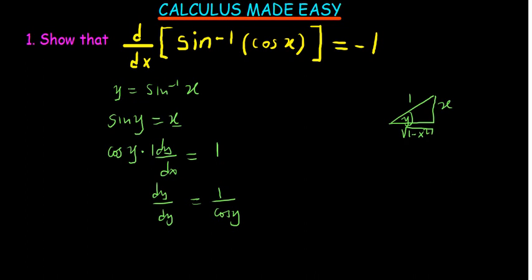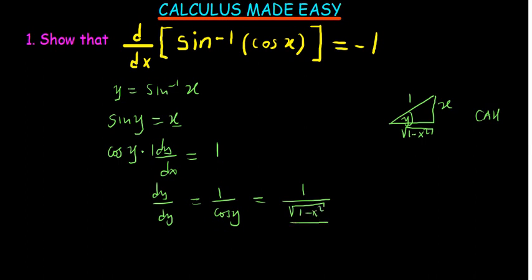Therefore, if we are talking of cosine of y, cos is given by what? Adjacent over hypotenuse. So this is going to be equal to 1 divided by, where there is cosine of y, we are going to put adjacent, which is the square root of 1 minus x squared over the hypotenuse.